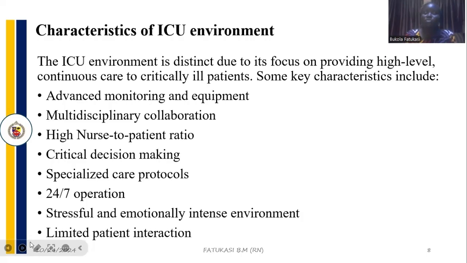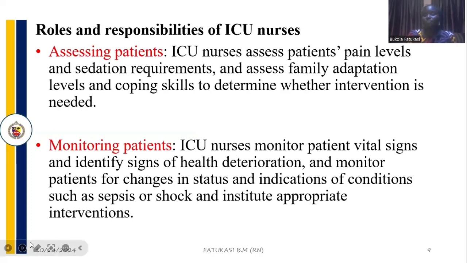It is in the ICU you find 5 to 6 nurses to just 2 or 3 patients. Then critical decision making, specialized care protocols, 24/7 operation, that is, it is always in operation, stressful and emotionally intense environment, and limited patient interaction.